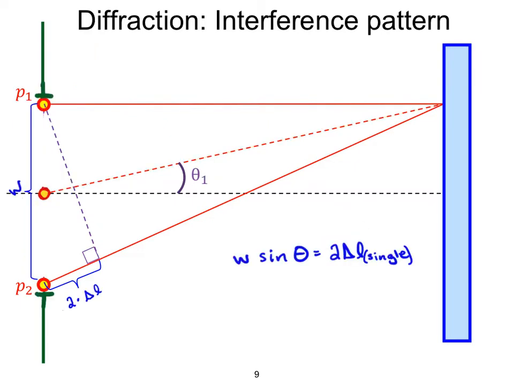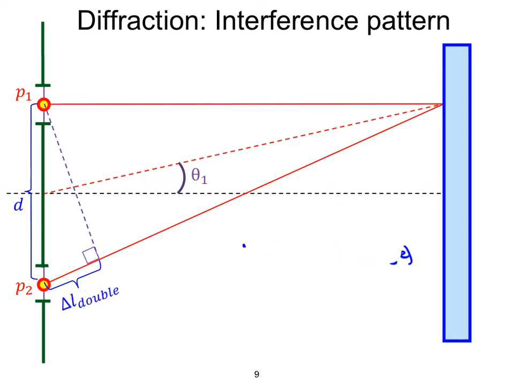If instead of the width of a single slit, we use d, the distance between 2 points at the center of each of 2 slits, this relationship is still true, giving us d sine theta equals the path difference between a ray emanating from each of these 2 points.